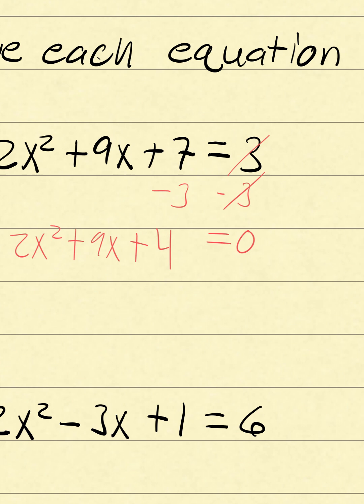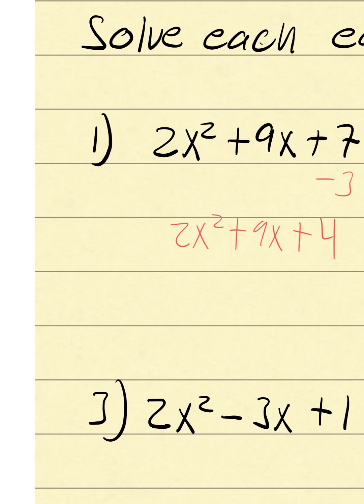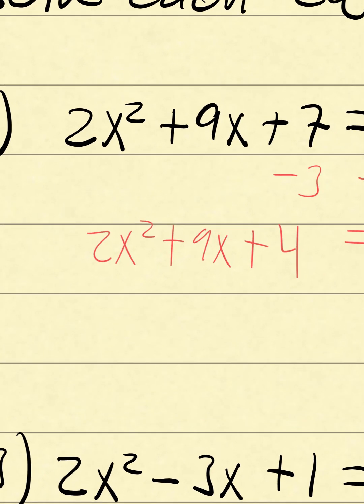How would you solve it from here? Now you can either factor or use the quadratic formula, right? I would always check if you can factor. So how would we factor something like this?